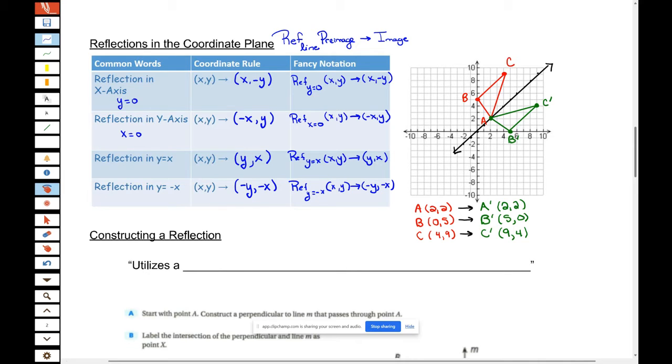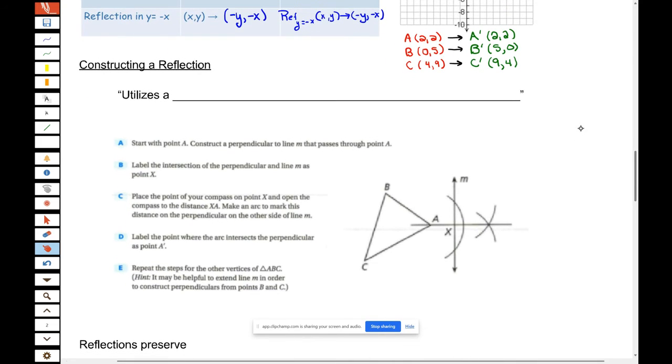All right, now let's talk about how to construct a reflection. When we are constructing a reflection, we are basically going to construct a perpendicular from a point not on a line. One of our constructions from our first unit. So like if I want to reflect the 3 vertices, I'll do A first.